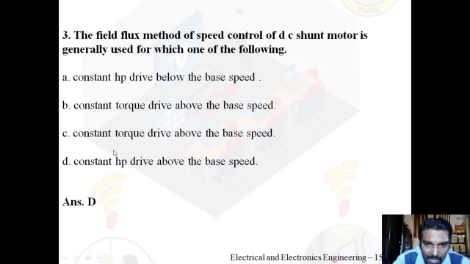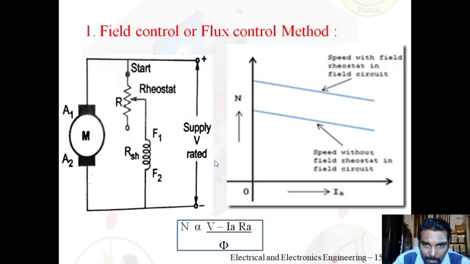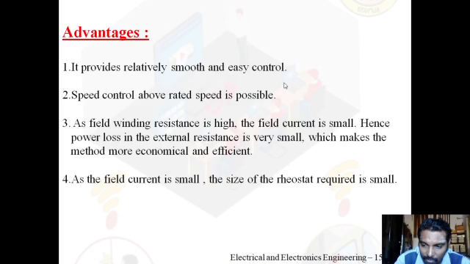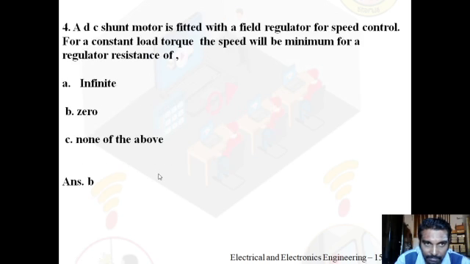Here we have seen from the graph, the speed is controlled above the rated speed, above the base speed. Therefore, we can go for option D, that is constant HP drive above the base speed, above the rated speed.